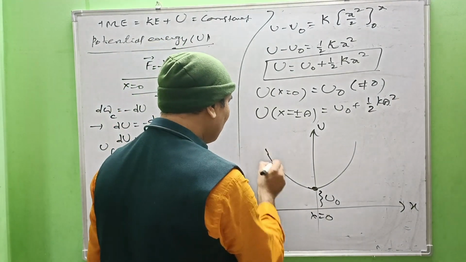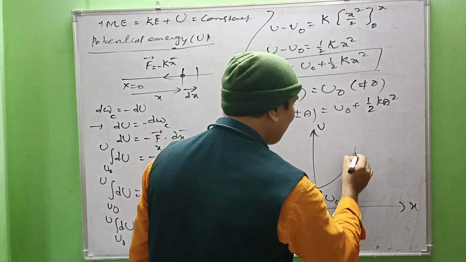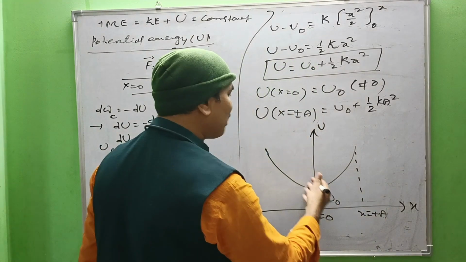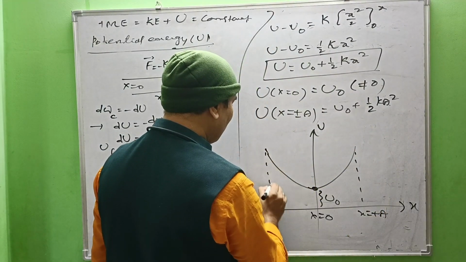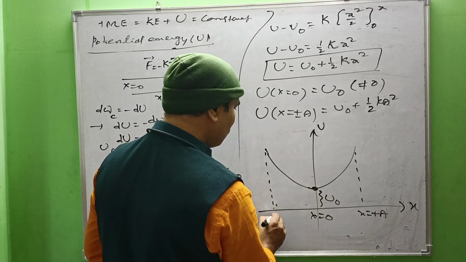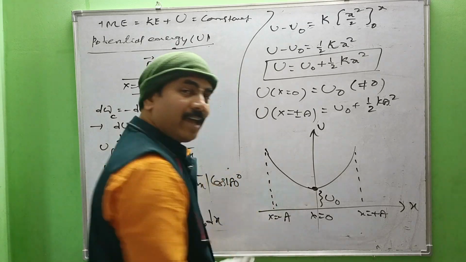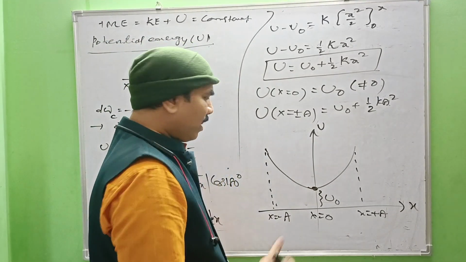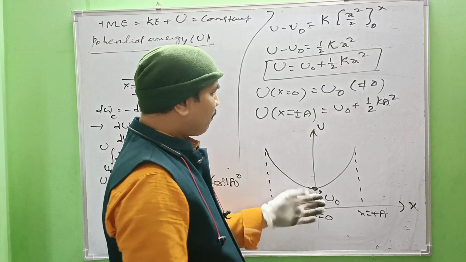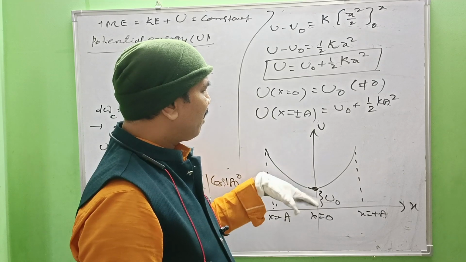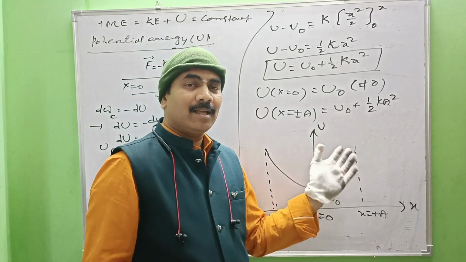Now these two positions are nothing but x equal to plus a, the right extreme position, where potential energy is maximum. At the left extreme position, x equal to minus a, potential energy is also maximum. Now you can overlap the variation of kinetic energy on the same graph.